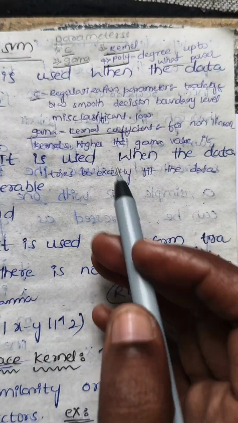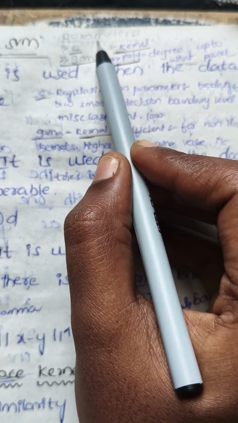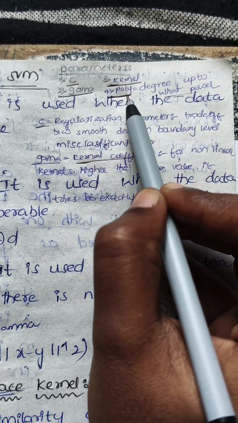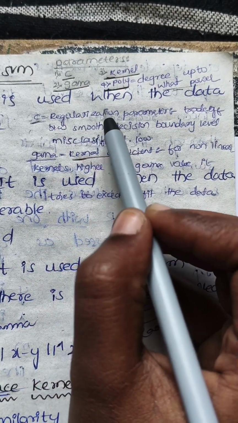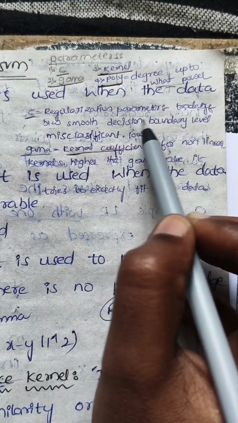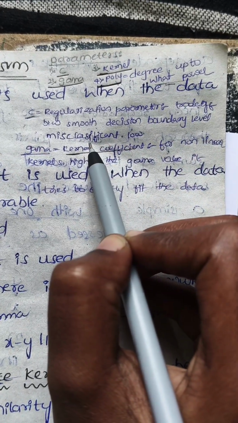This is a not linearly separable example, and it is a mixed version of 2D and 3D. This is the 2D and this is the 3D. Mainly, there are 4 parameters in the SVM, that is C, gamma, kernel and poly. C means the regularization parameter, the trade-off between the smooth decision boundary and the misclassification.